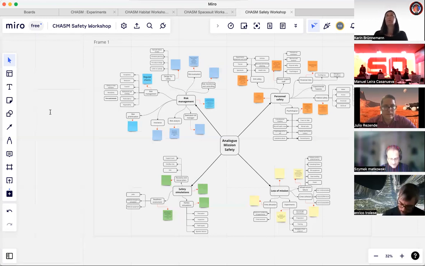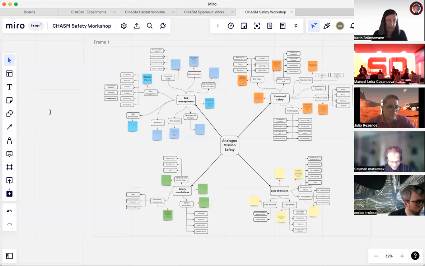And while we don't want to provoke such situations in an analog mission, if somebody gets a panic attack during one, we can learn a lot from dealing with such a situation.